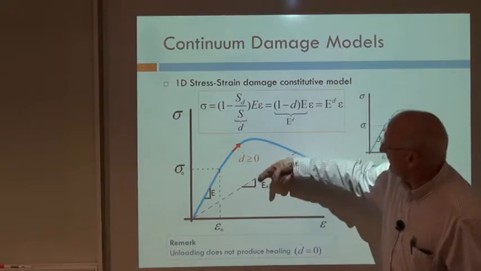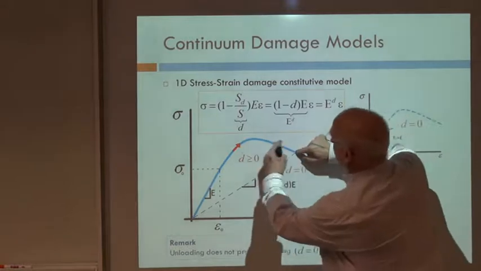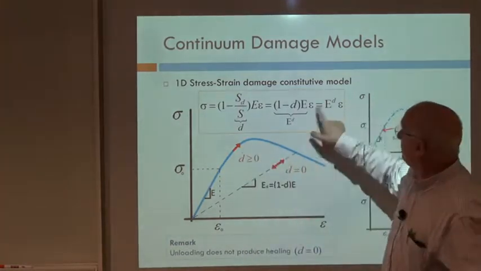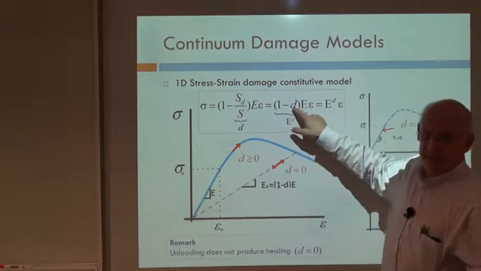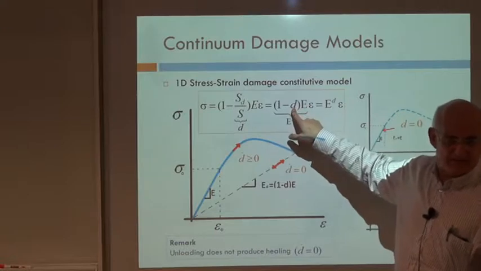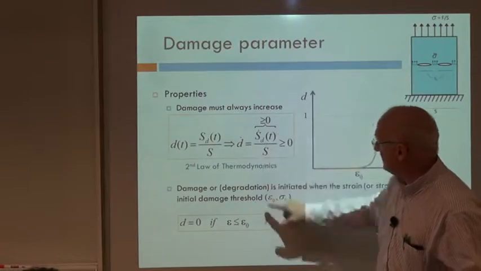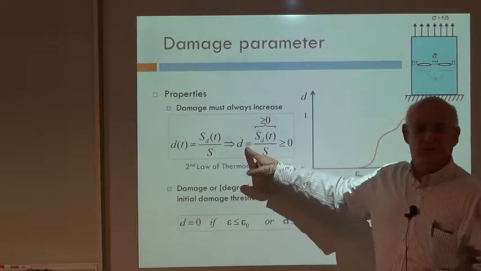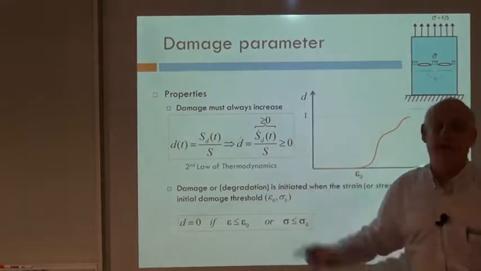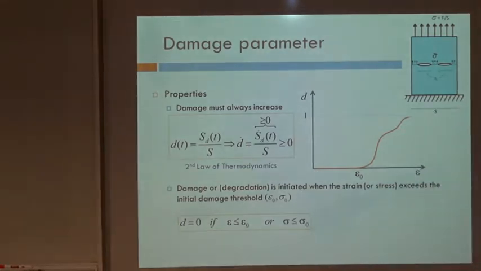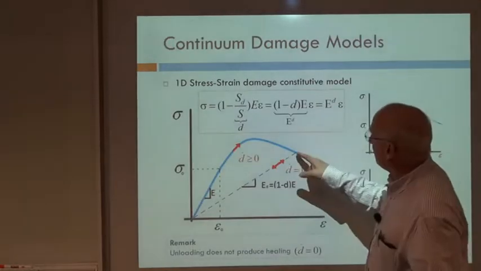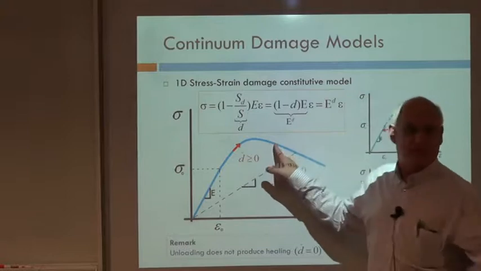That means that that slope would increase. If the slope would increase, that means that d decreases. Okay? So that is against that assumption here. So d dot is always greater or equal than 0. So this is not compatible with the fact that we come back this way.